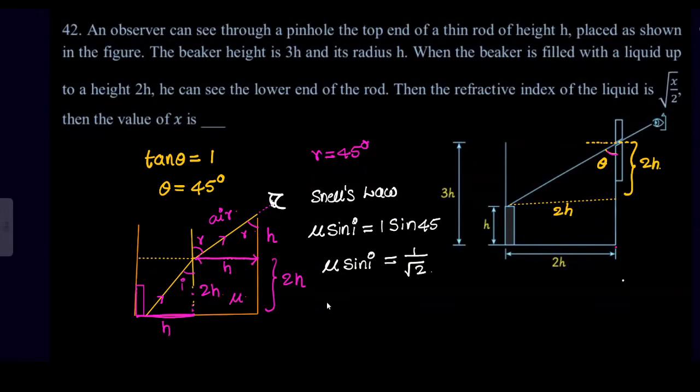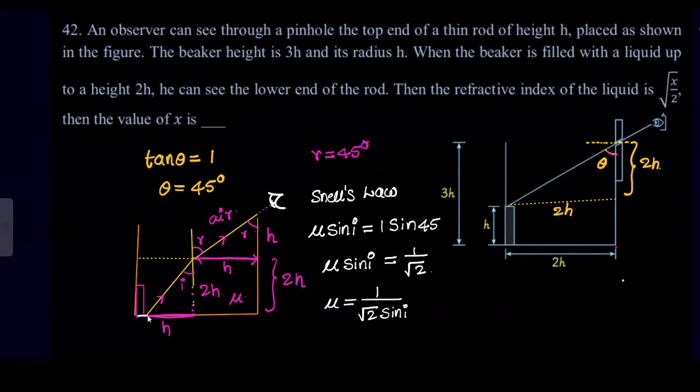Now we need to get the mu value, the refractive index. So the refractive index will be equal to 1 by root 2 into sine I. Tell me now, we need to get the I value.